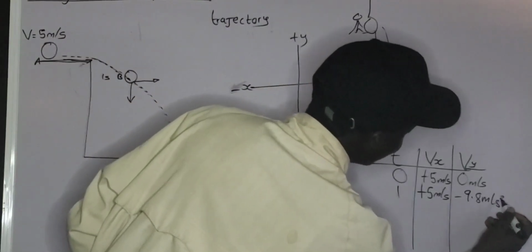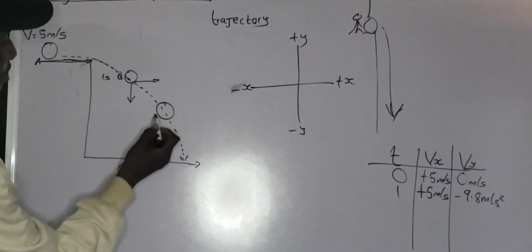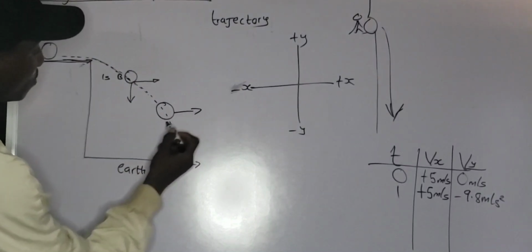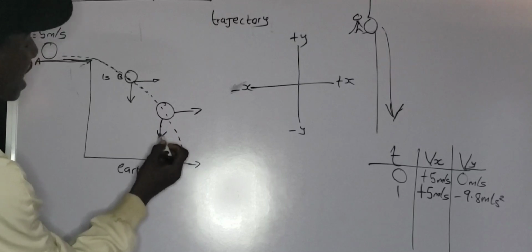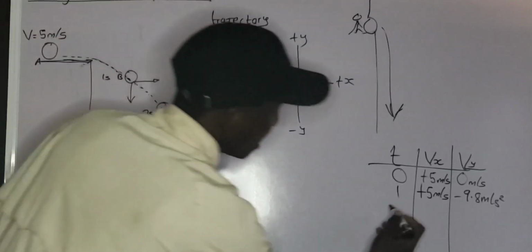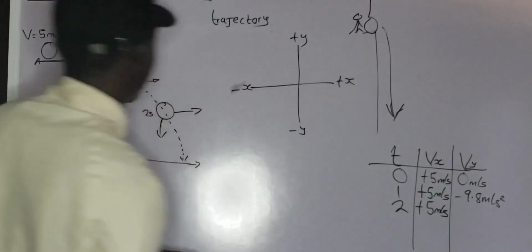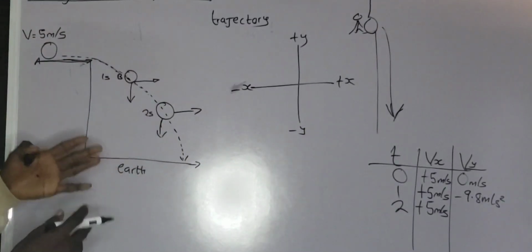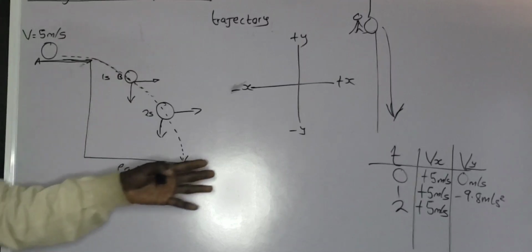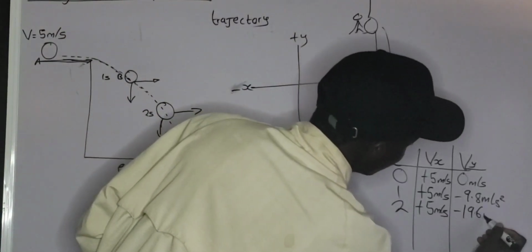So now, that is for 1 second. Let's assume that the 2 seconds is here. What will be the velocity of the ball along the horizontal and vertical axis? The velocity here will still remain plus 5 meters per second. Do you understand? But the velocity of the ball along the vertical axis will be what? Minus 19.6.